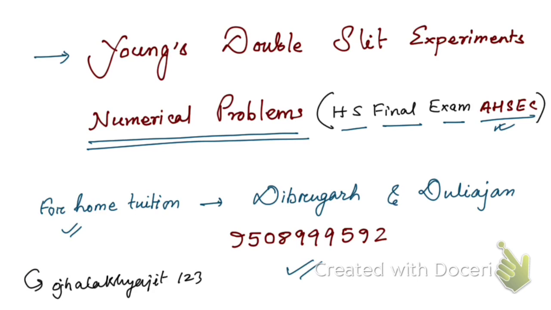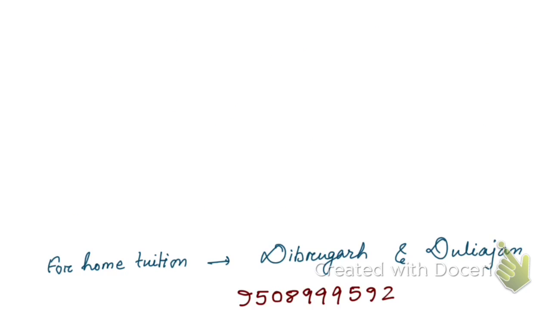So now let's start. Suppose we have a plane here and we have two slits on this plane, meaning two very fine holes, S1 and S2. And this is one screen. Light is allowed to fall on this plane.